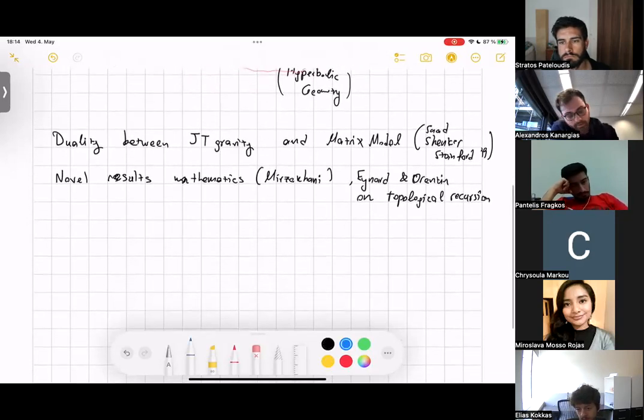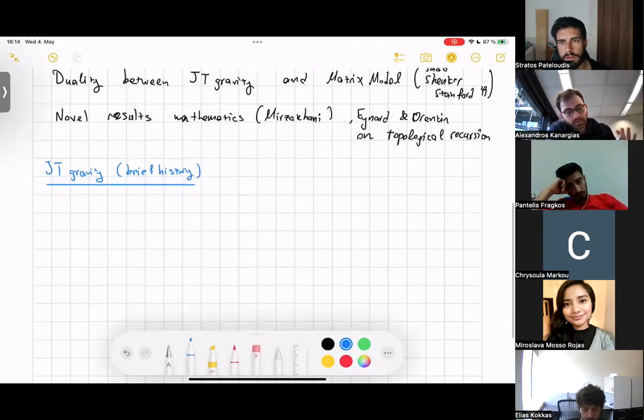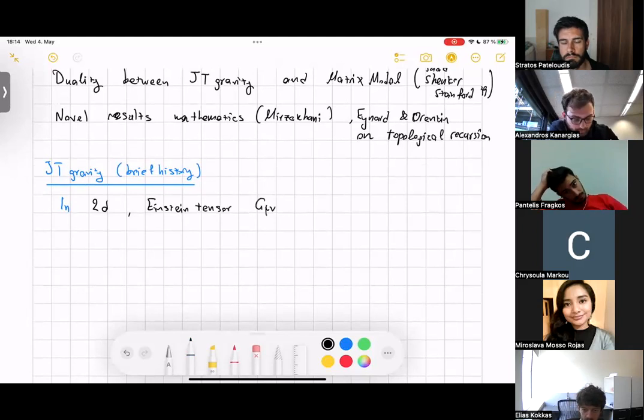So let me first say what is JT gravity and some brief history. This is going to be a two-dimensional setting, and in 2D, you might have seen that the Einstein tensor vanishes identically, so it's zero for any metric.